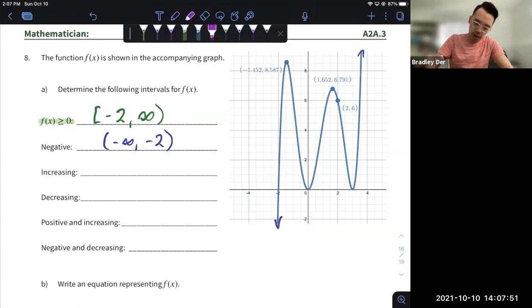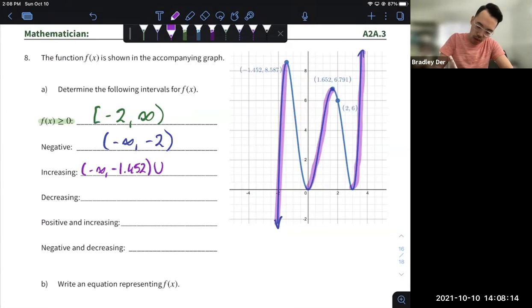Right, our increasing sections would be right there. So the first section on the left, -infinity to that x coordinate of -1.452 union.